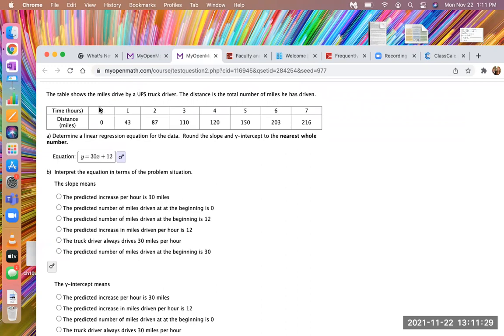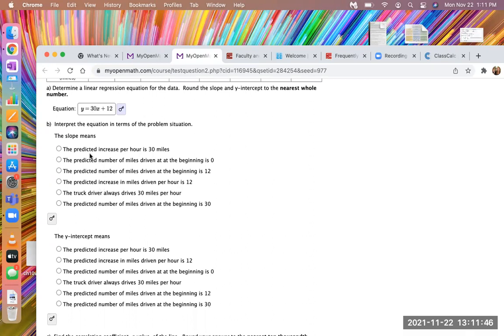It's the change in y over the change in x, so the change in distance over the change in just 1 hour of time. So in about 1 hour of time, they go 30 miles. Let's see which one best says that. The predicted increase per hour is 30 miles. Yeah, that's exactly what I would describe it as.